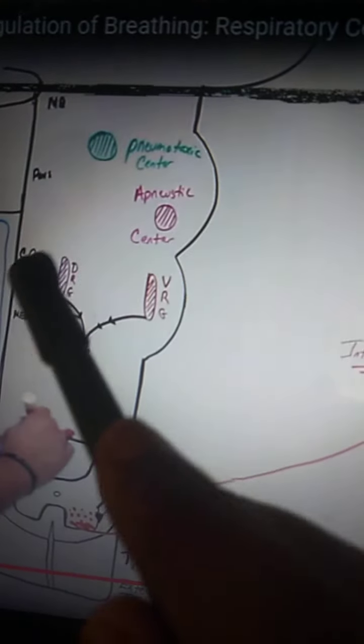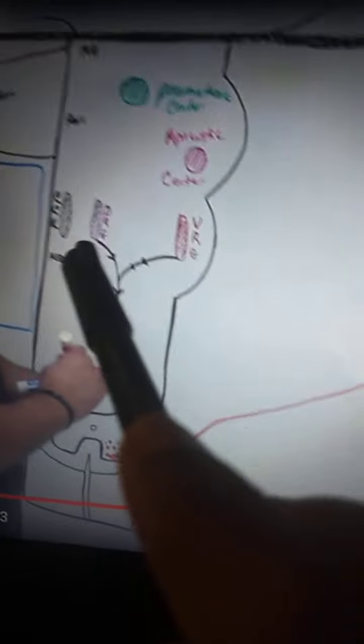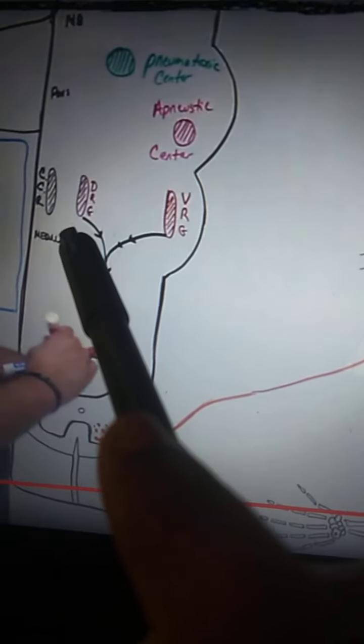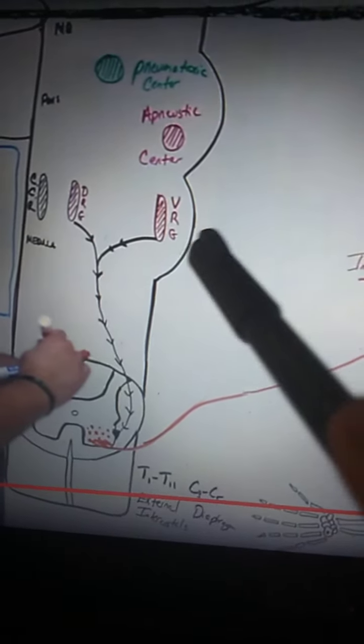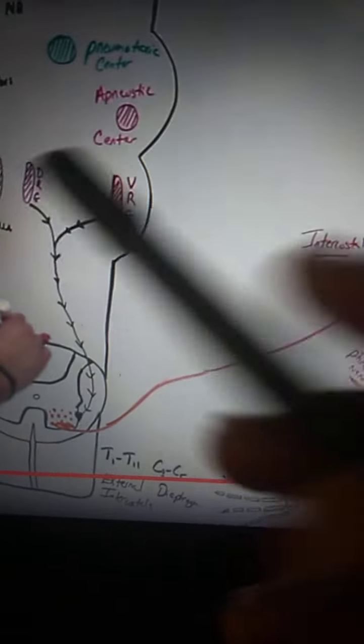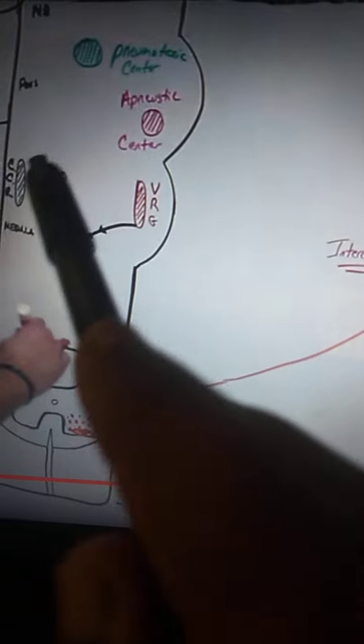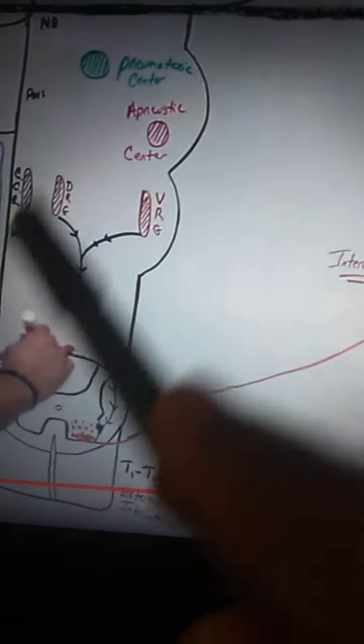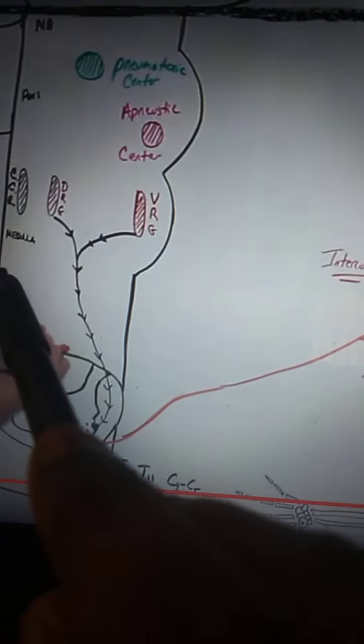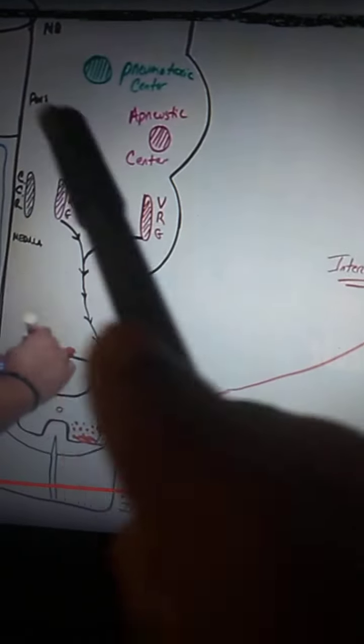Now, if we come further down in the medulla, you have the dorsal respiratory ganglion and the ventral respiratory center. The dorsal respiratory center is very close to the central chemoreceptors, and the central chemoreceptors are what activate the dorsal respiratory center.